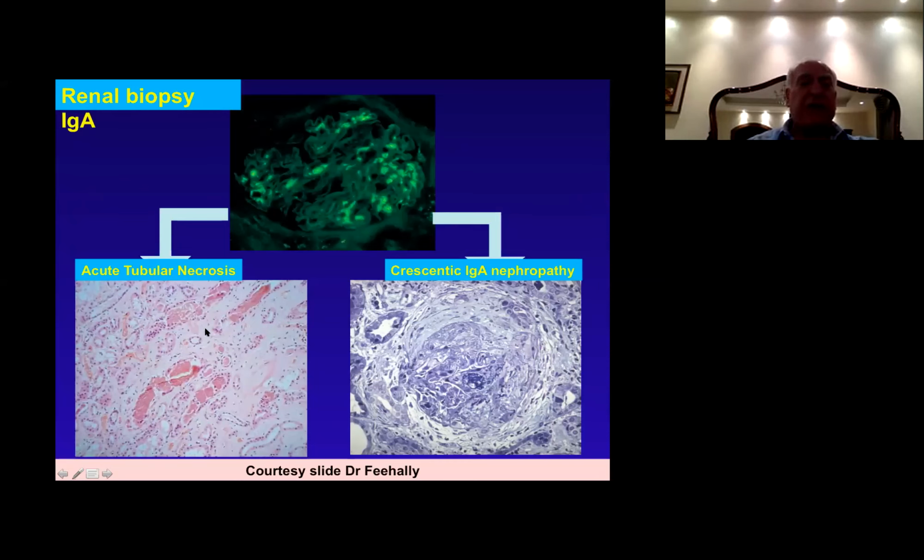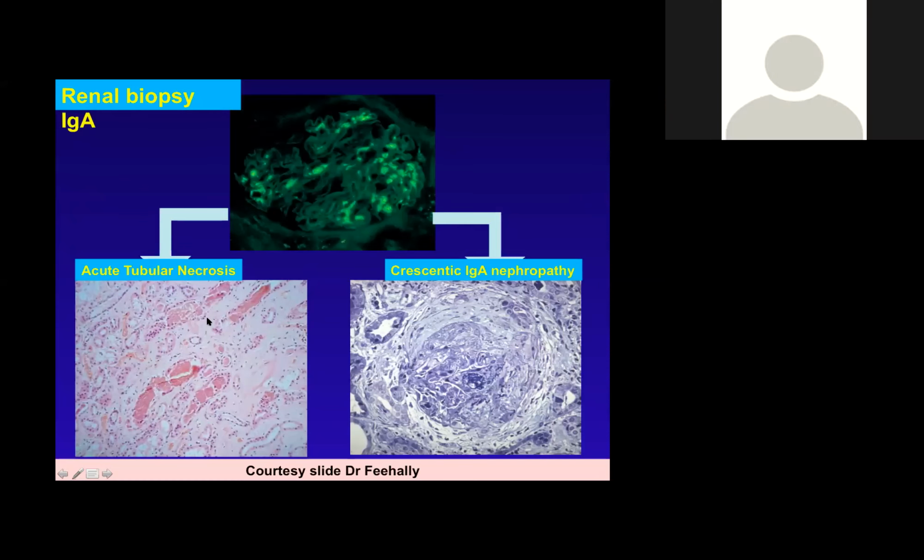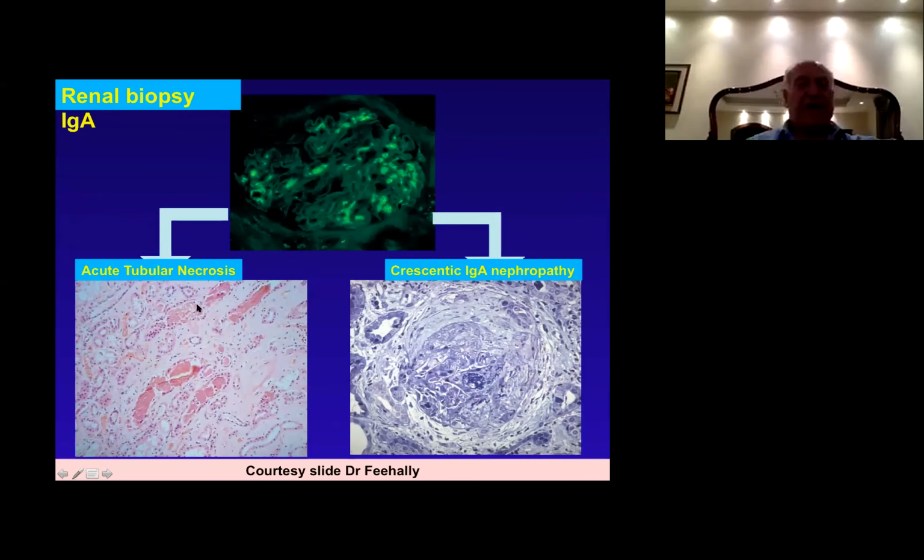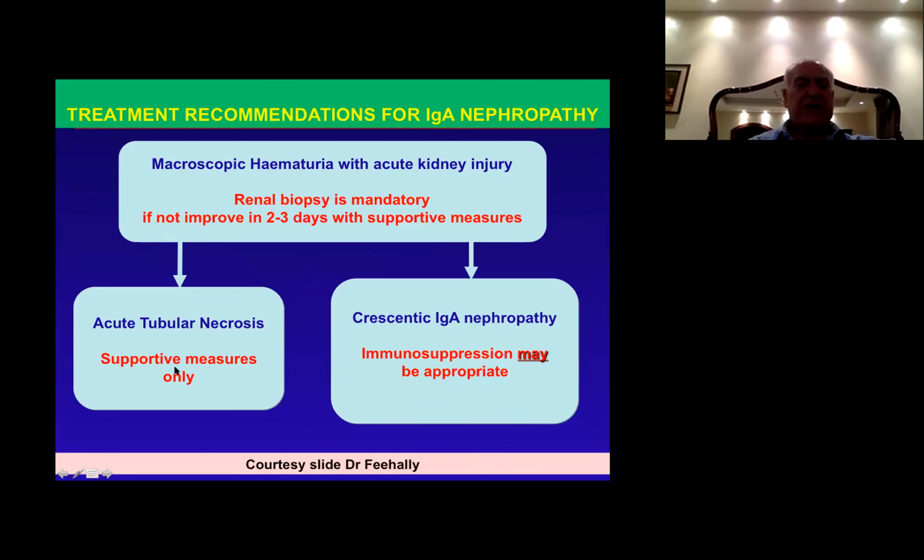This kind of tubular injury will recover. We have a good number of such patients. Yes, it's iron-mediated. So this is supportive care. Here you have to worry about your management. Tubular necrosis needs supportive measures. Here, crescentic IgA may warrant appropriate immunosuppressive therapy.